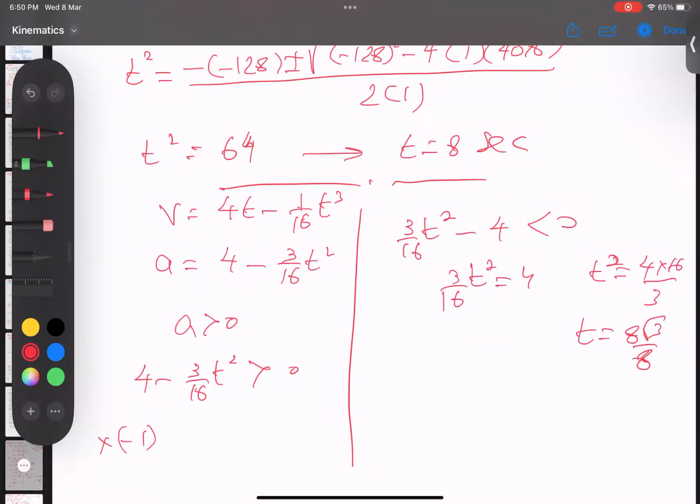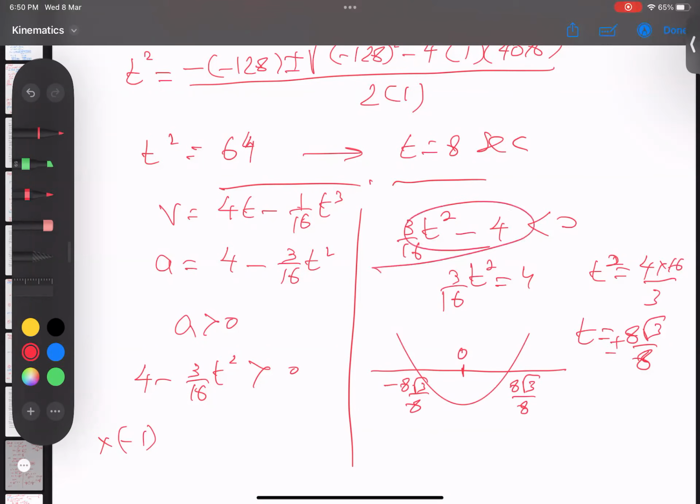Hold on, you know very well, whenever I take a root, I get two answers, one positive and one negative. So it means I get this kind of curve, with the negative here and the positive here. Now one important thing: do you know time is never negative? So there is a middle where time is 0, and time is coming in this boundary limit.